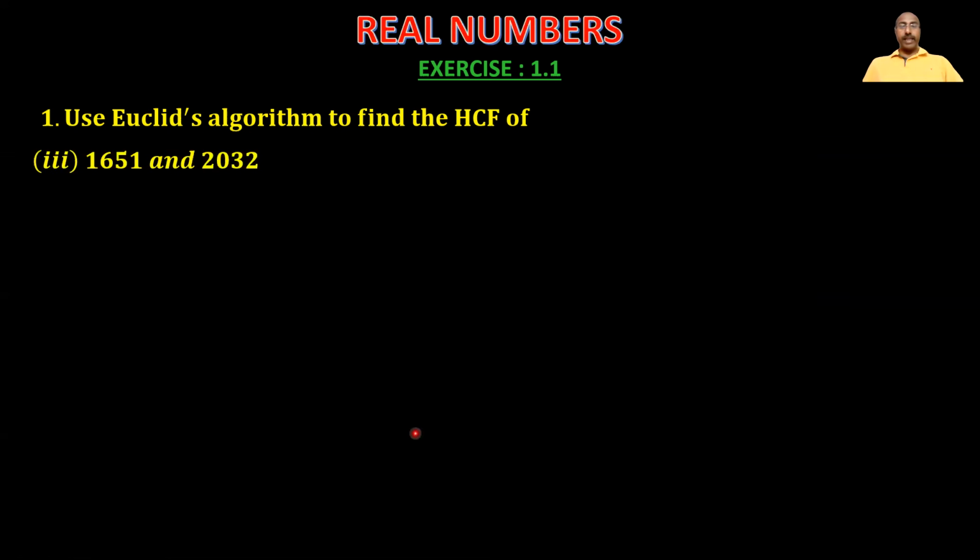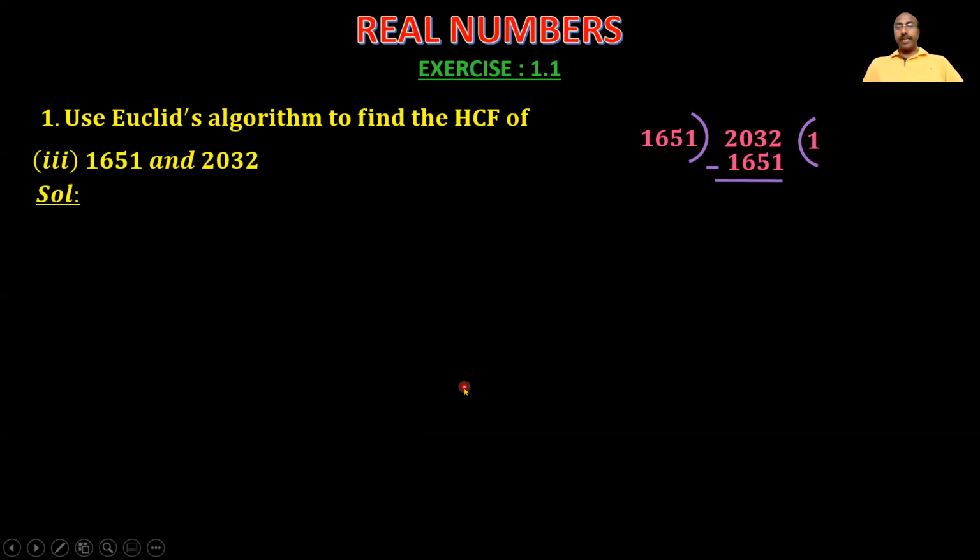1651 and 2032. Okay. So now first divide 2032 by 1651. 1651 ones are 1651 and the remainder is 381. So now we can write 2032 is equal to 1651 into 1 plus 381.